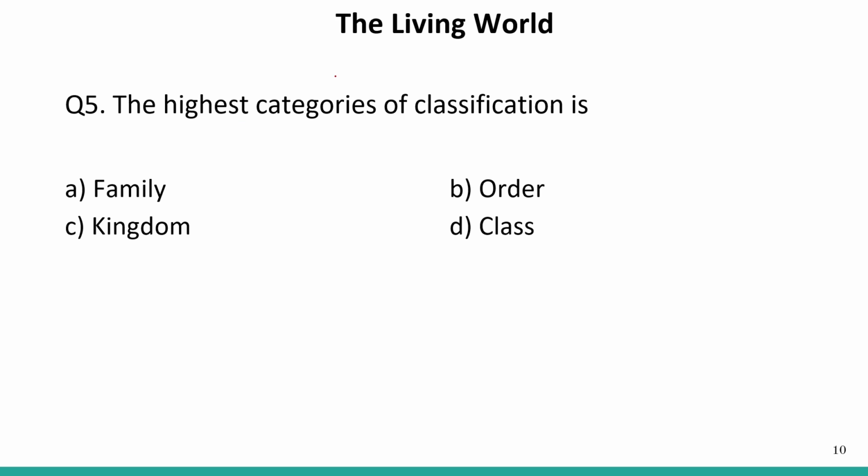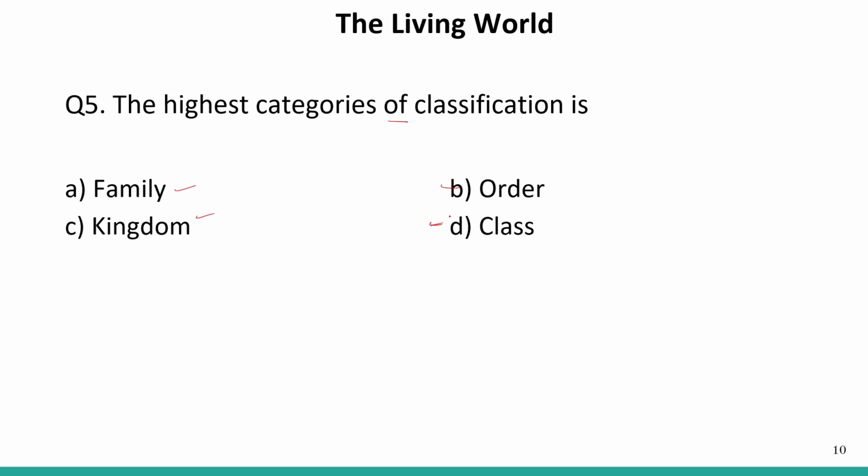The next question is, the highest category of classification is family, kingdom, order or class. We have already drawn the taxonomic hierarchy in the previous question.